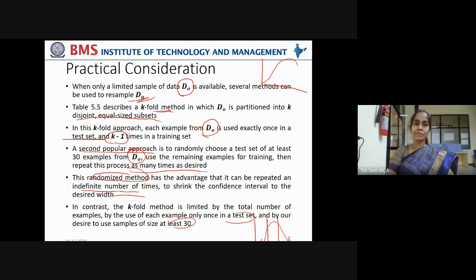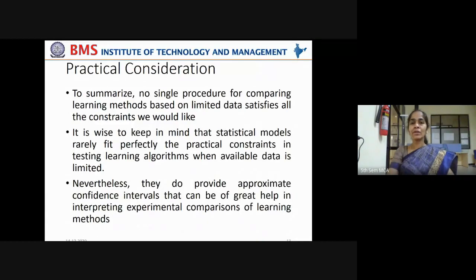Okay. So to summarize, no single procedure for comparing learning methods based on limited data satisfies all the constraints we would like. You have to remember, as a machine learning expert, you can't simply state that this algorithm is good for this data set.